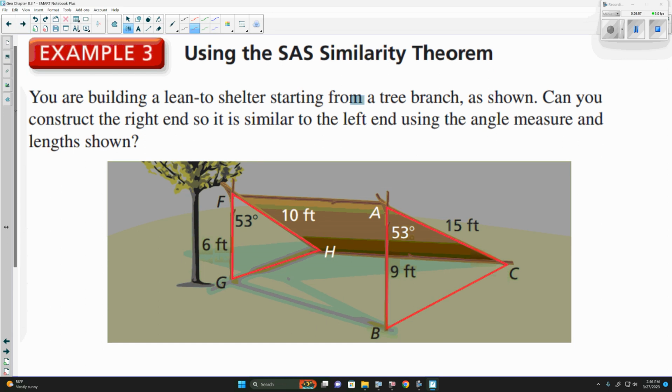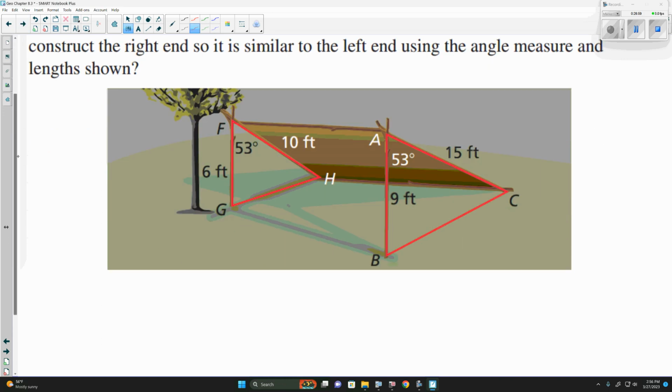So if we look at this here, we know angle F is congruent. Now we need two sides that are proportional, so they have the same proportion like we did with side, side, side, or they reduce to the same fraction. We need that here.